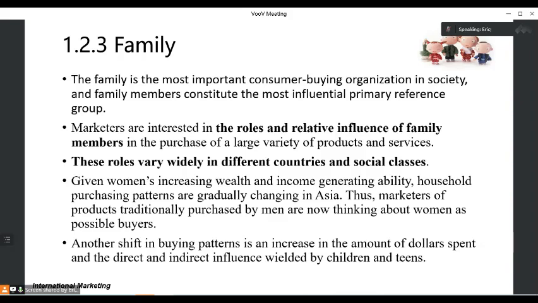In this generation, the 80s and 90s, they are the only child in the family. So they have more power.